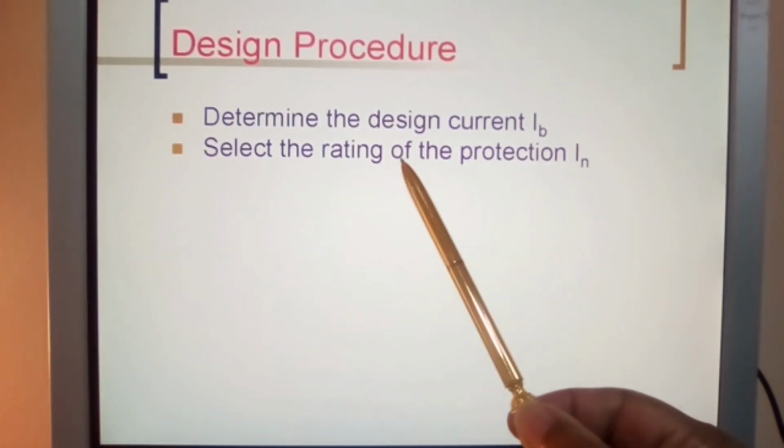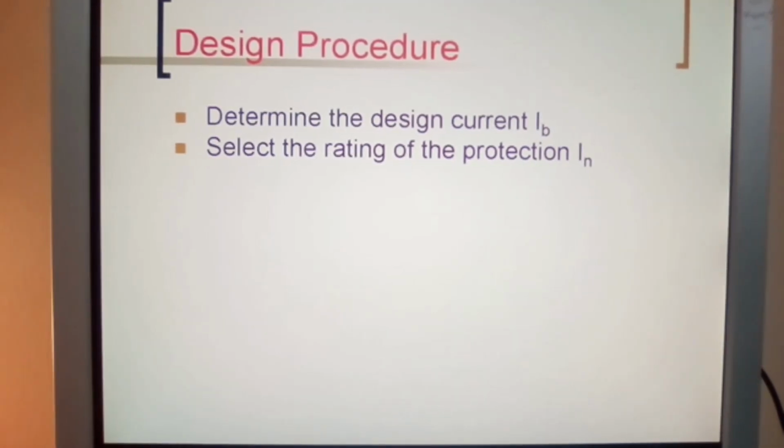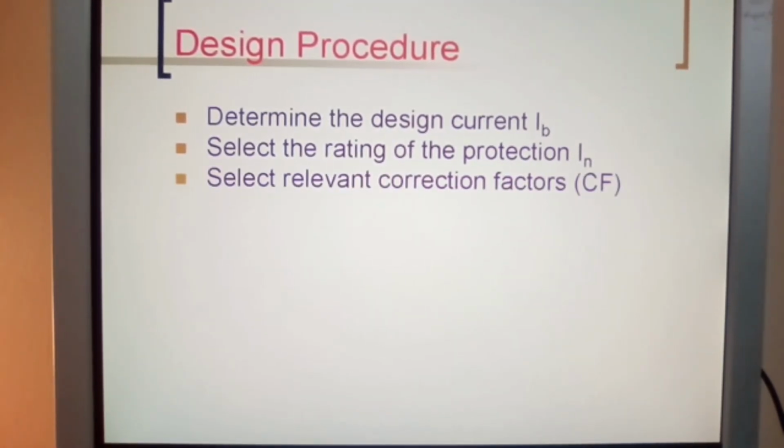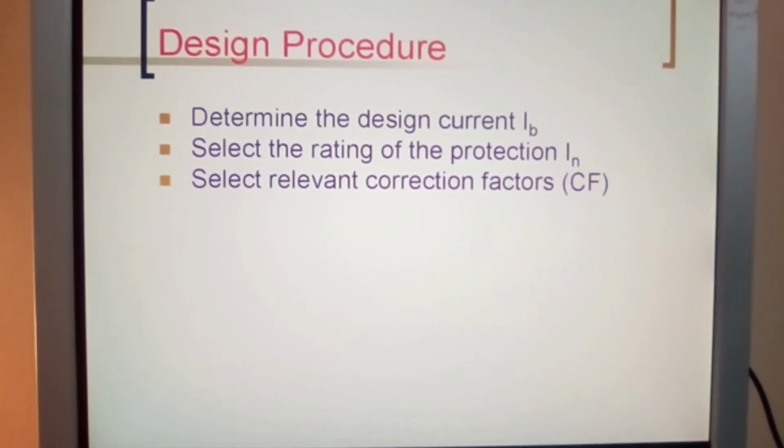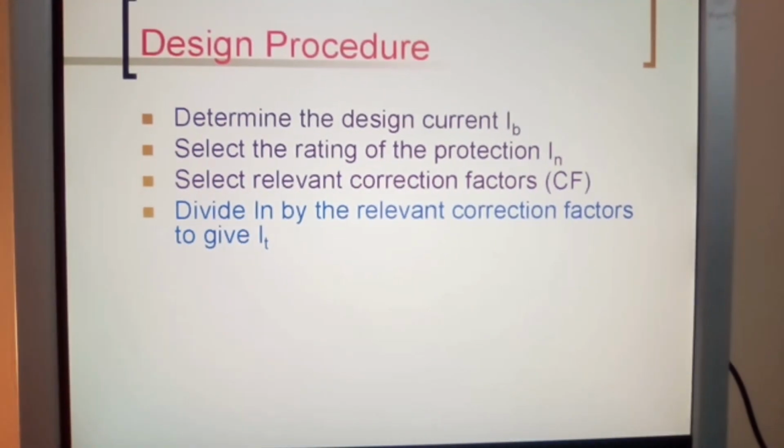Select the rating of the protection IN. Select the relevant correction factors CF. Divide IN by the relevant correction factors to give IT, current total.